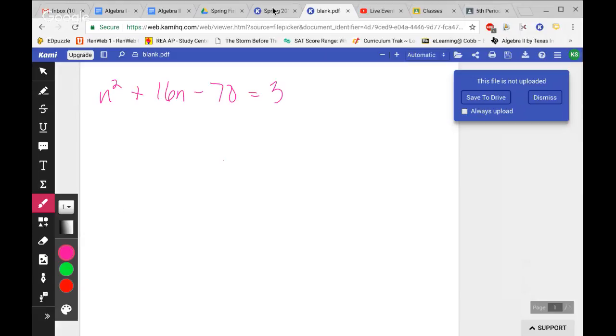When we half it, square it, add it, we're dealing with this number here, and this minus 70 is in our way. So we need to move it over to the other side. So we're almost breaking that standard form.